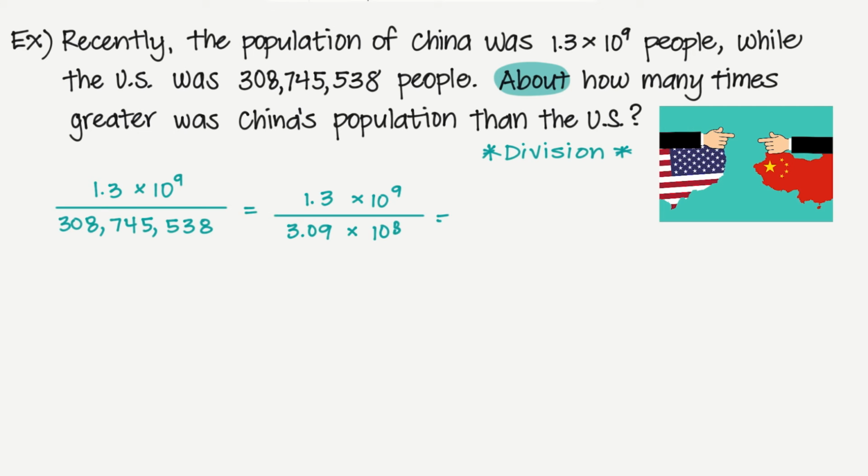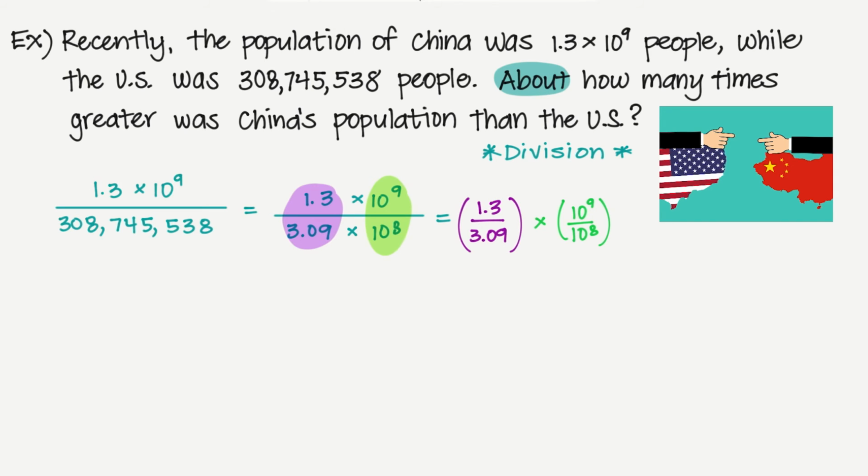Okay? So when I do this, like I did before, I can simply take my first two values and divide those. And then I can also multiply that by my powers being divided. So 10 to the 9th power divided by 10 to the 8th power. Okay, so this time is a little bit more difficult.